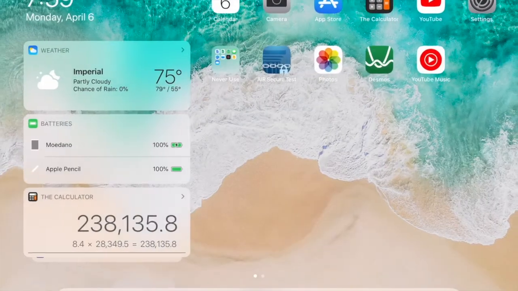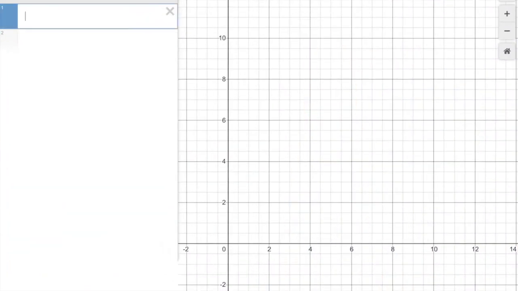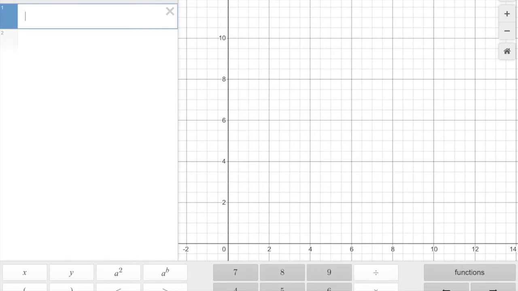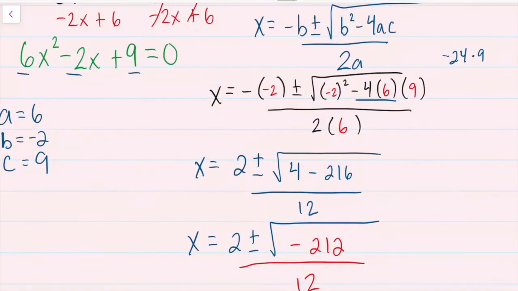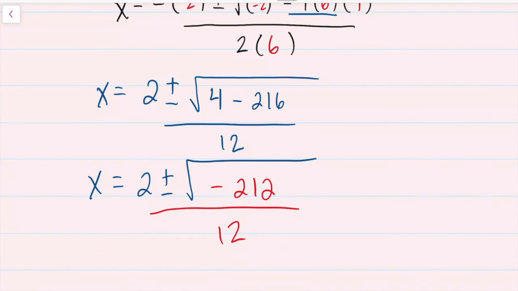What happens if we go to Desmos and we try to find the square root of 9? You guys see that's a 3, correct? But what if I try to find the square root of negative 9? Here's the thing. It's undefined because you cannot find the square root of a negative number. It's impossible. You can't do it. So because our number inside is negative, this means our answer here is called undefined.